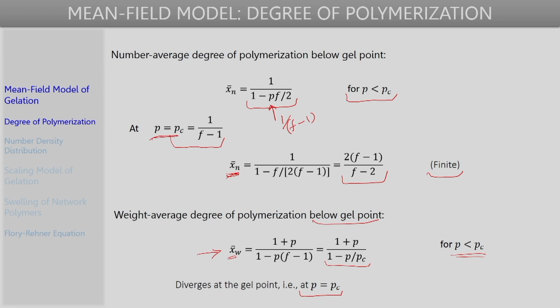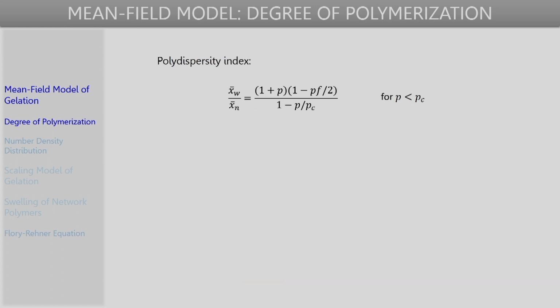Now that we have discussed the number average and the weight average degree of polymerization, one can just take their ratio to get a measure of the polydispersity index of the sample. The polydispersity index, as you know, is defined as the ratio of the weight average molar mass to the number average molar mass, which can equivalently be stated as the ratio of the weight average degree of polymerization to the number average degree of polymerization.